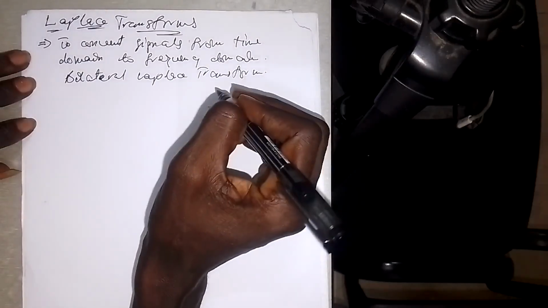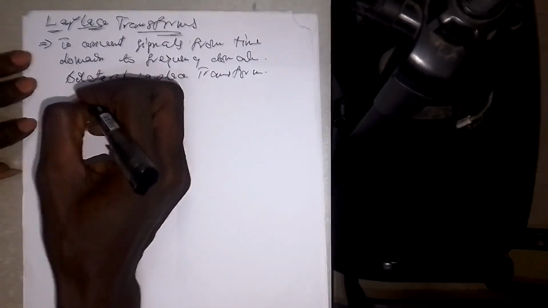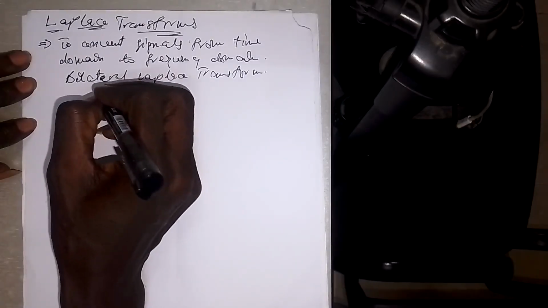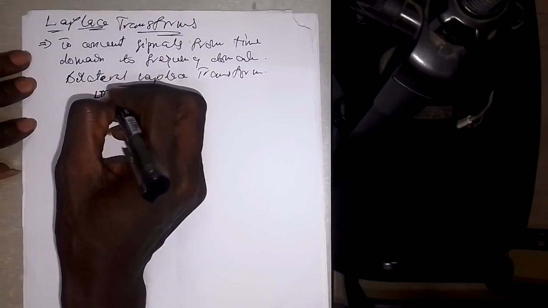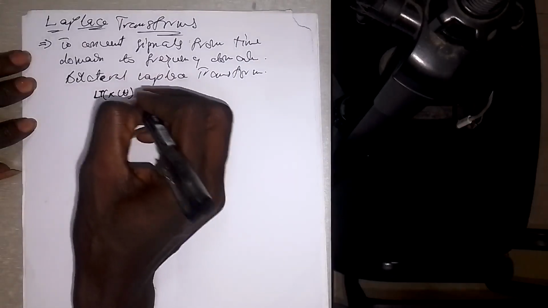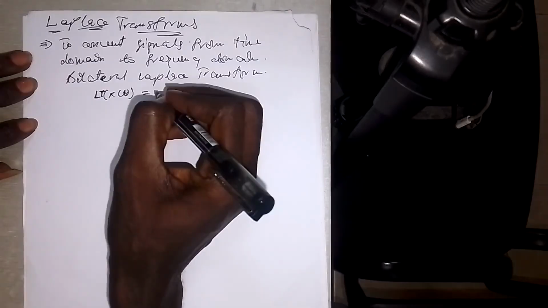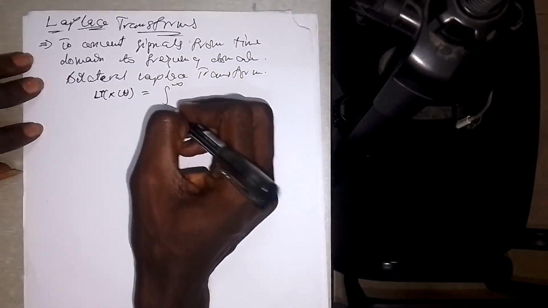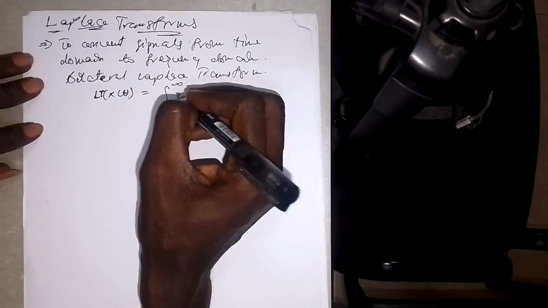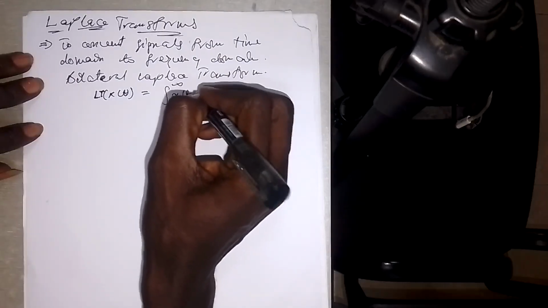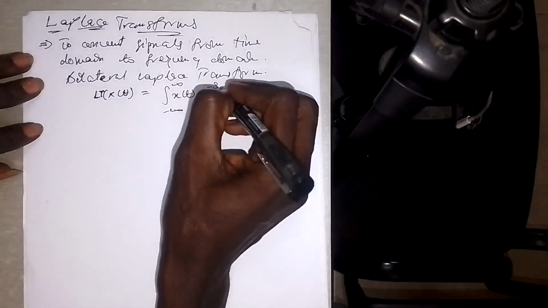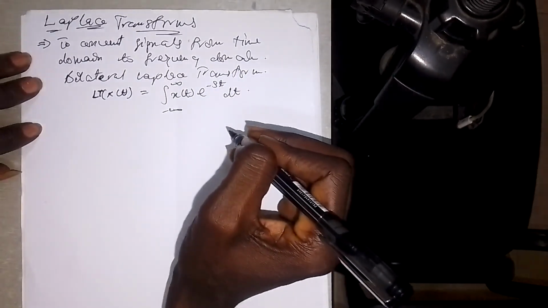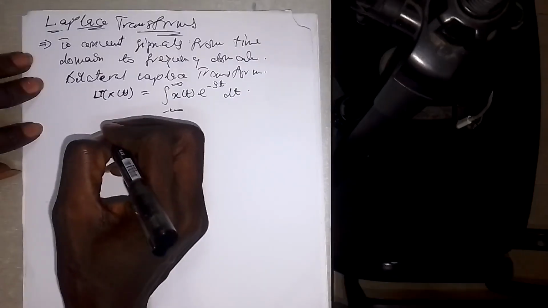The bilateral Laplace transform is given by L of x(t), which equals the integral from minus infinity to infinity of x(t) e^(-st) dt.